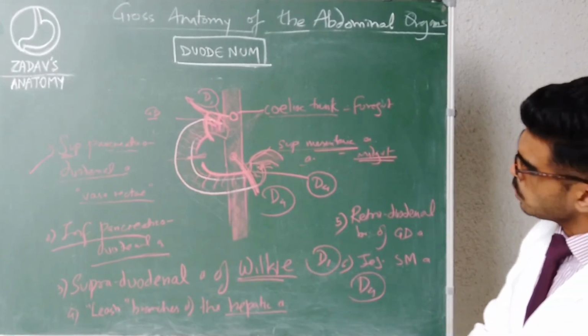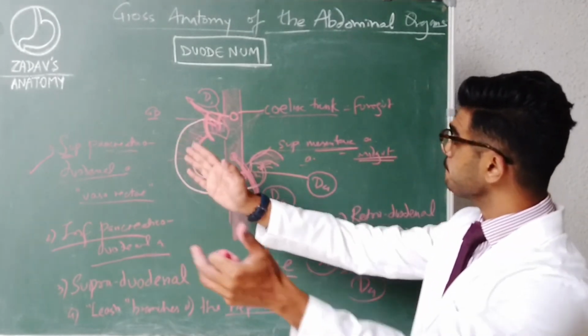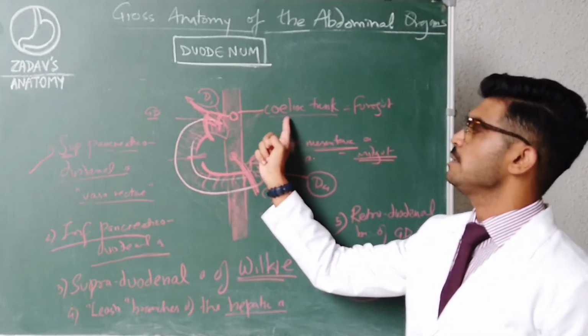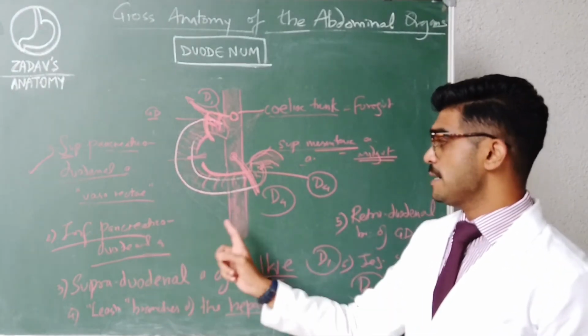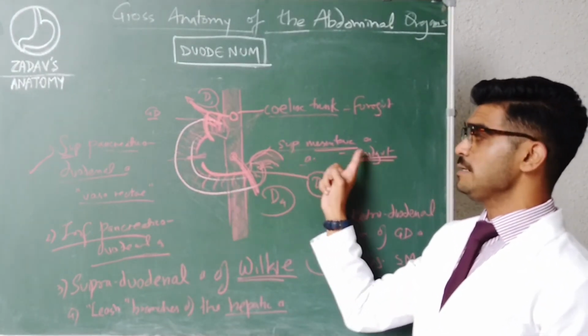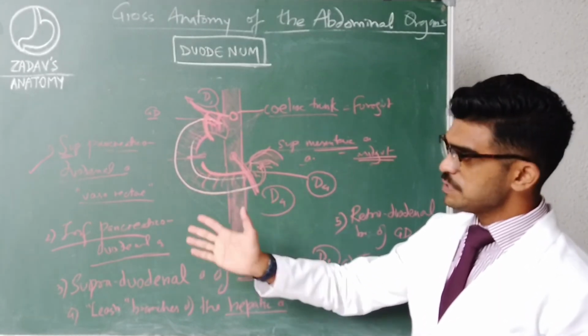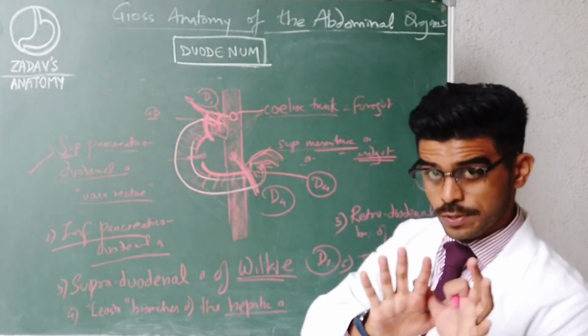Got it? So the blood supply of the duodenum, the arteries are the superior pancreaticoduodenal artery and the inferior pancreaticoduodenal artery, which has anterior and posterior divisions, each of which have vasa rectae supplying respectively the anterior and posterior walls of the duodenum.